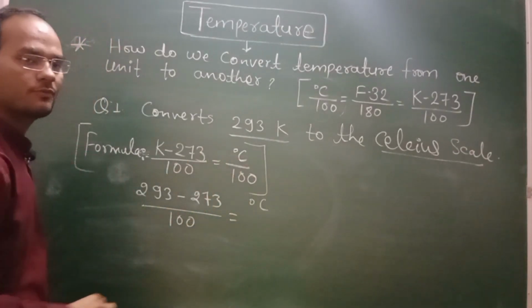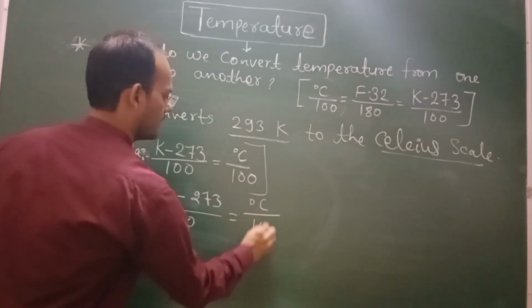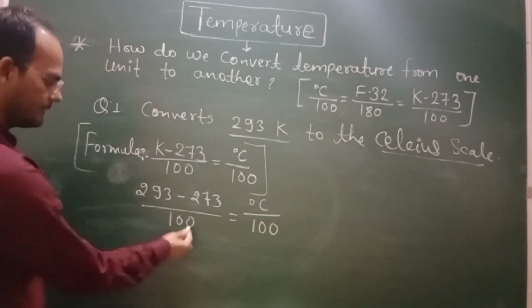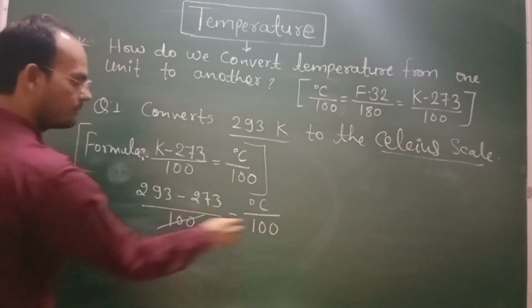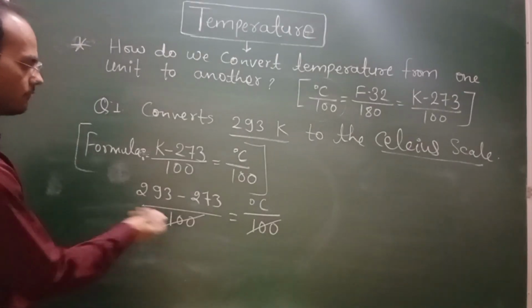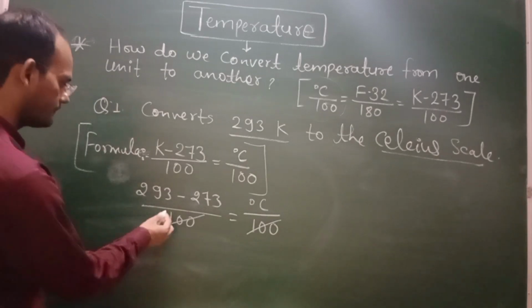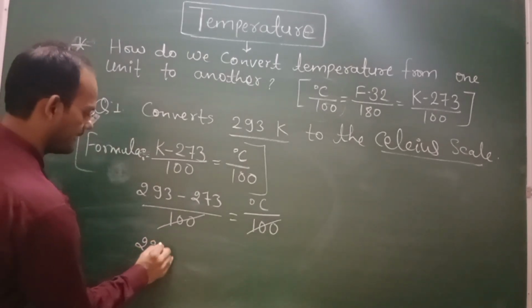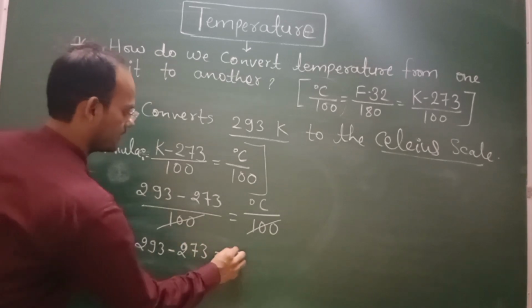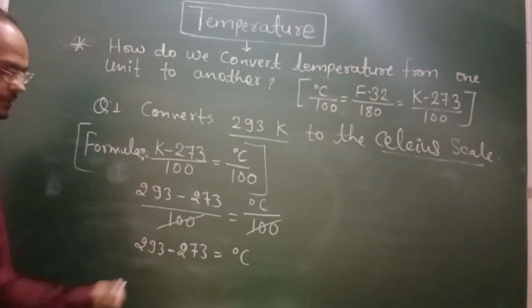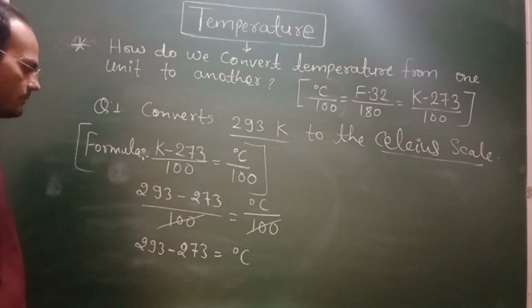This side is 100, and on this side also there is 100, so they will cancel out. So what will be the equation now? 293 minus 273 is equal to degree Celsius. This equation we have obtained.